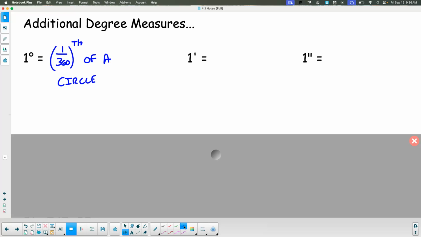Okay? All right? 1 minute is 1/60th of a degree. So we can take that 1 degree and we can break that up into 60 parts.